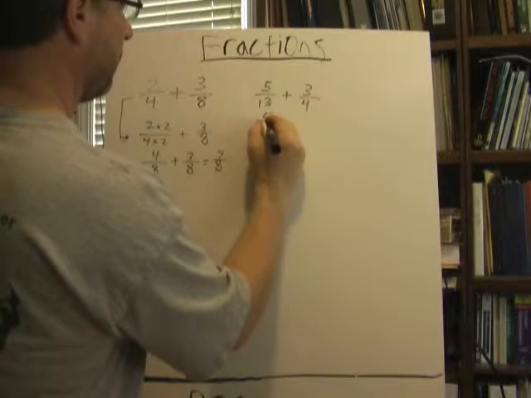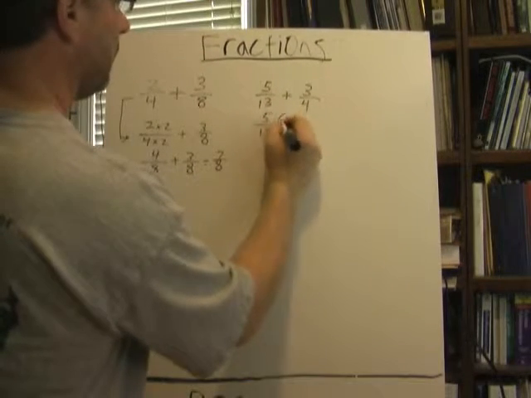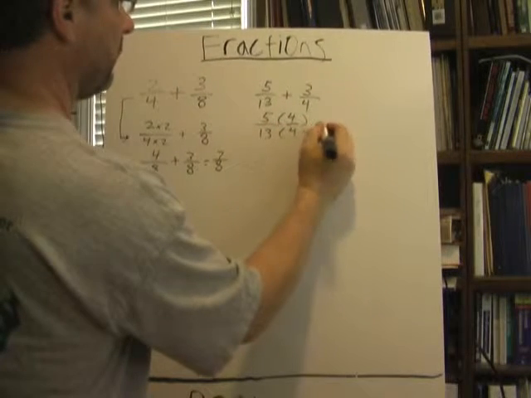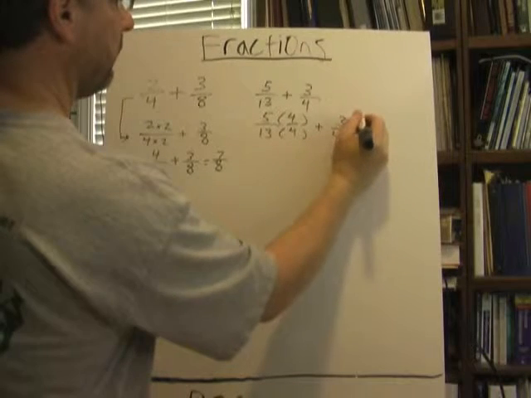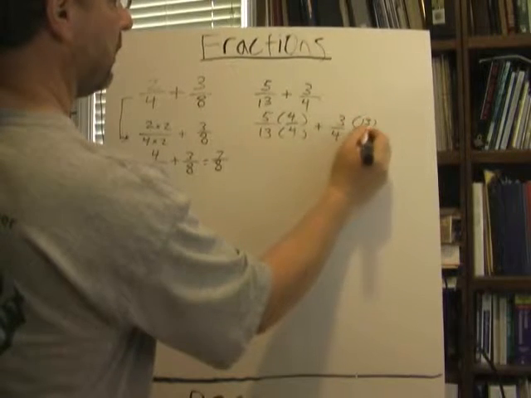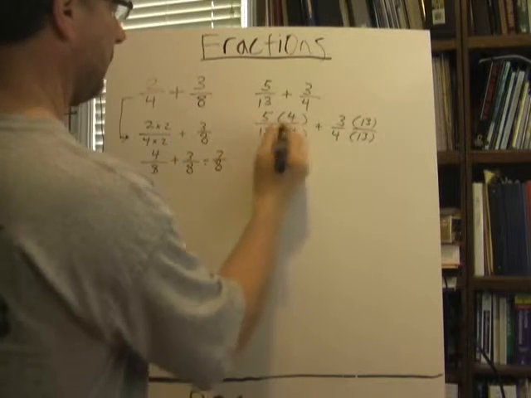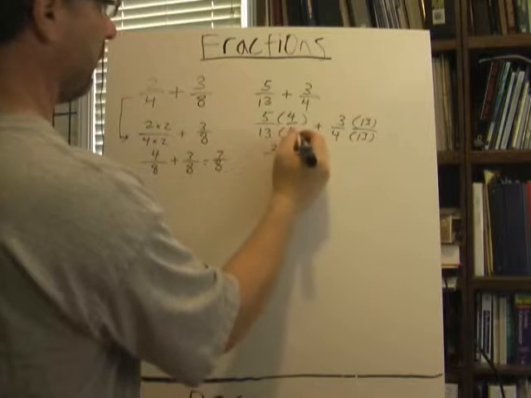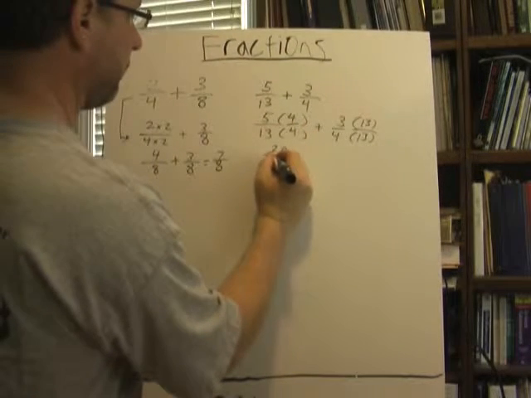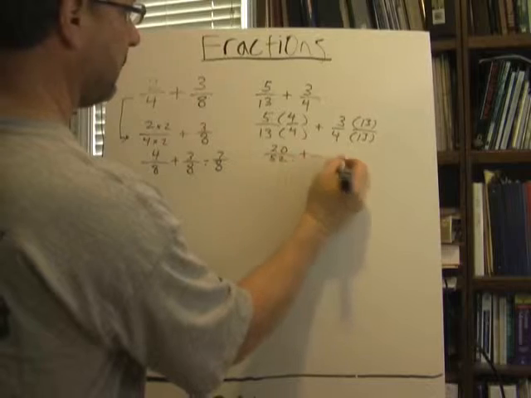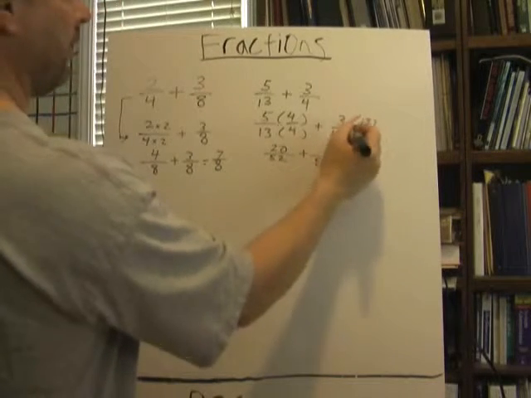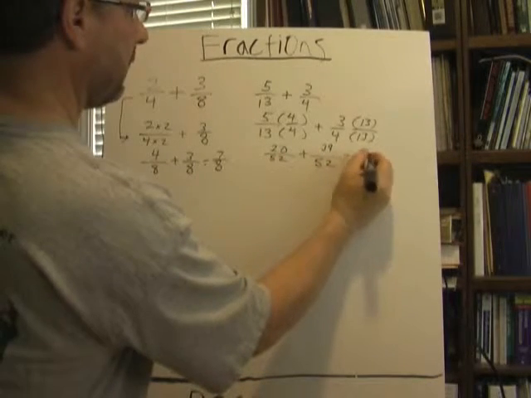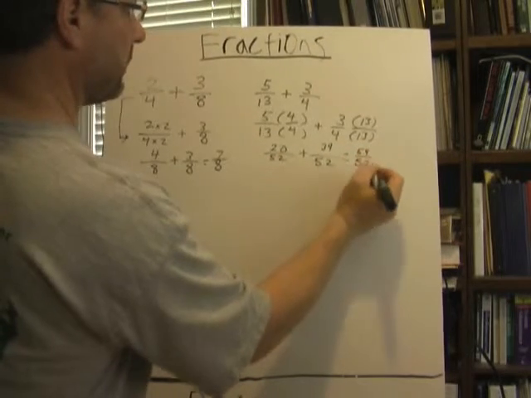So we rewrite the problem: 4 over 4 plus 3/4. 5 times 4 is 20, over 4 times 13 is 52, plus 3 times 13, which is 39. That's 59 over 52.